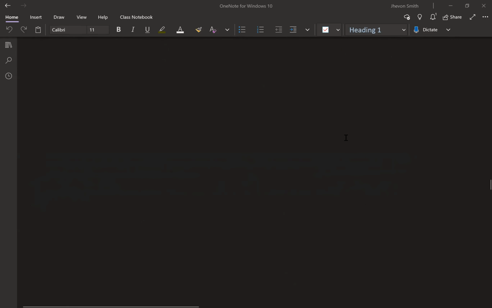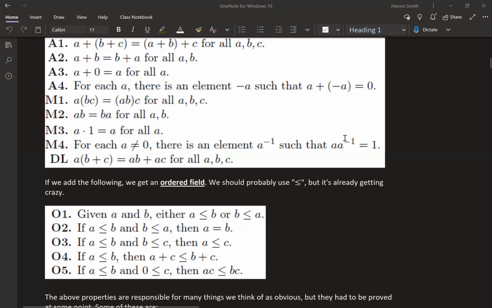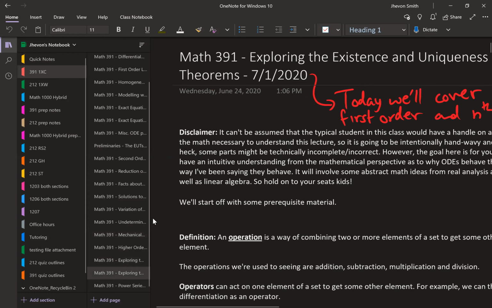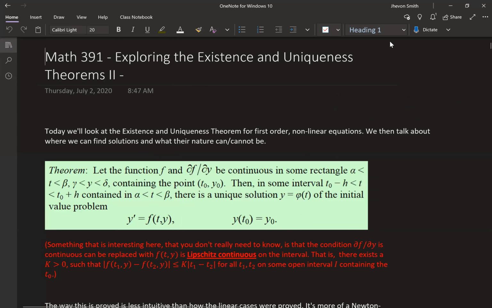What I want to do now at the beginning of this class for the first few minutes, I don't know how long it's going to take, but I don't anticipate it taking too long, hopefully not, is we're going to again look at the existence and uniqueness theorem for first order nonlinear.